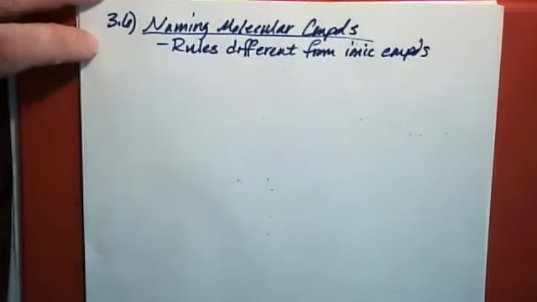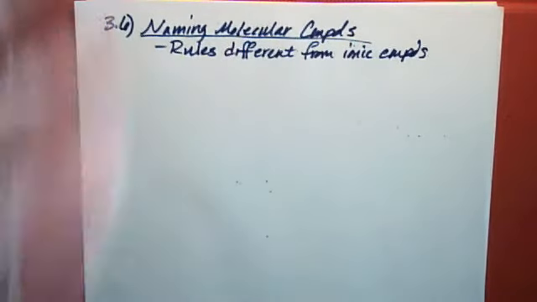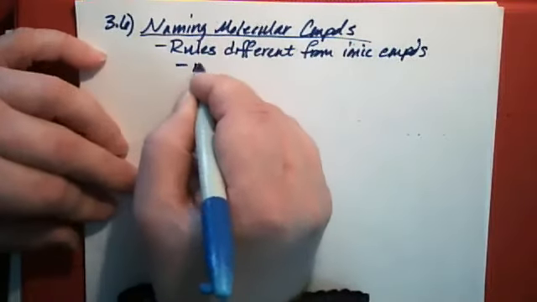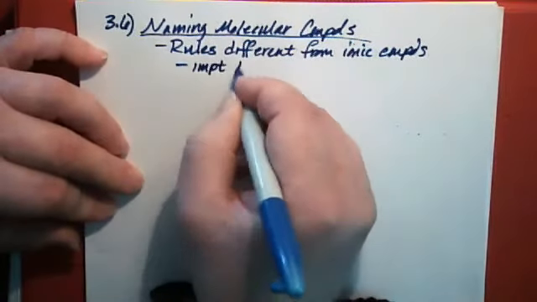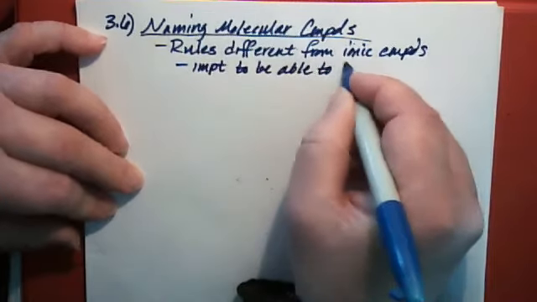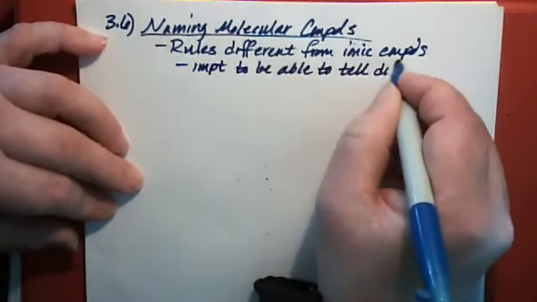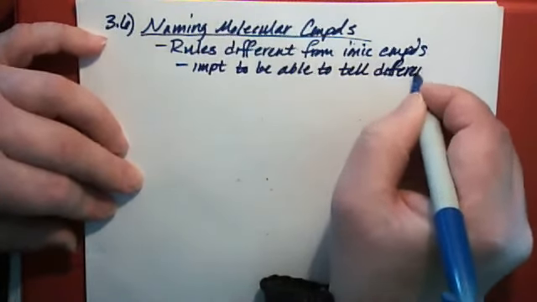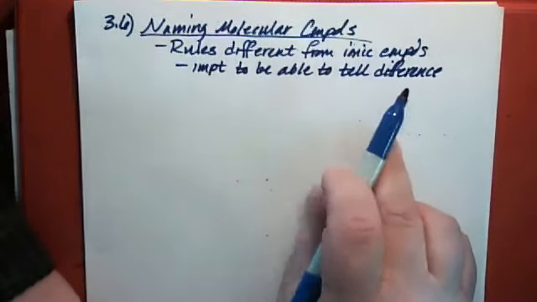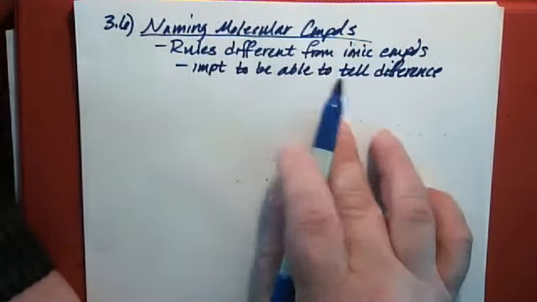So it's important to be able to identify what type of compound it is. So it's important to be able to tell the difference between an ionic compound versus a molecular compound.